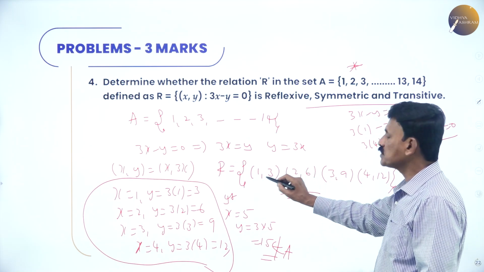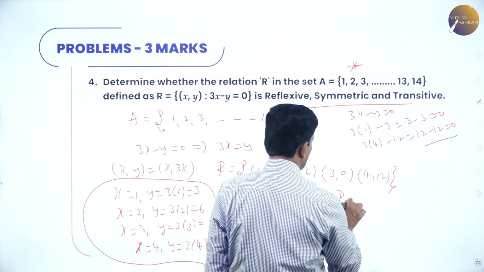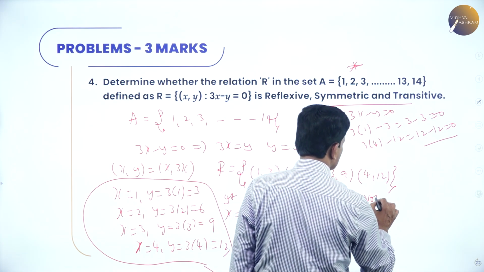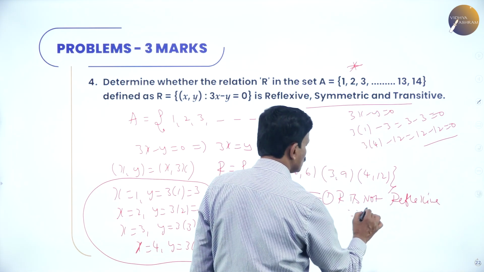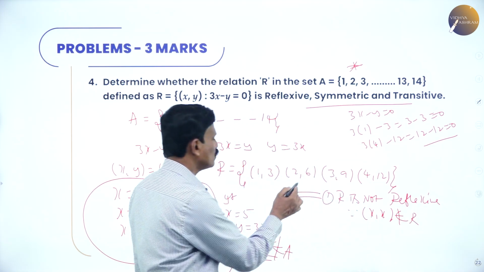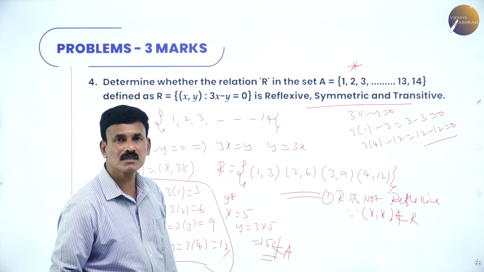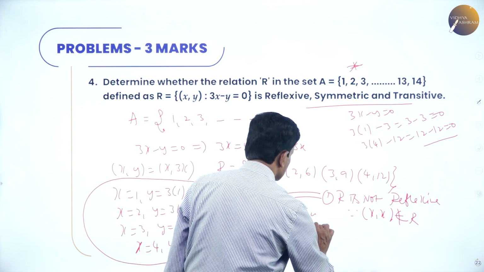Now, verify whether this is reflexive, symmetric or transitive. This is not reflexive because (1, 1) does not belong to R. So first one, R is not reflexive because (x, x) does not belong to R. Here (1, 1), (2, 2), (3, 3) do not belong. Second one, symmetric.